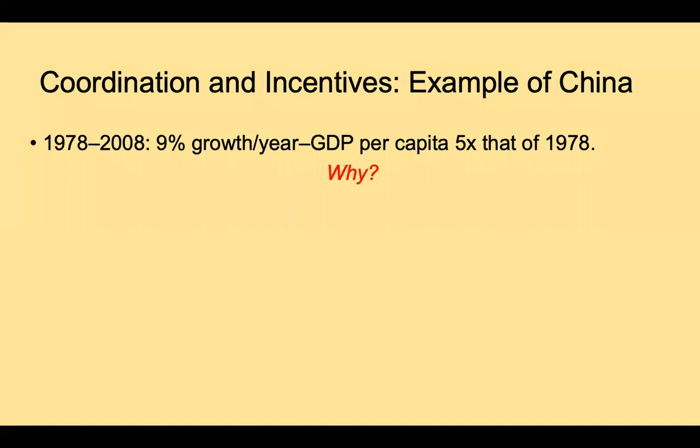So our starting point with this example is that between 1978 and 2008, China grew at an extraordinary rate, 9% growth per year. GDP per capita was 5 times that of the 1978 levels by 2008. It was an extraordinarily fast process.